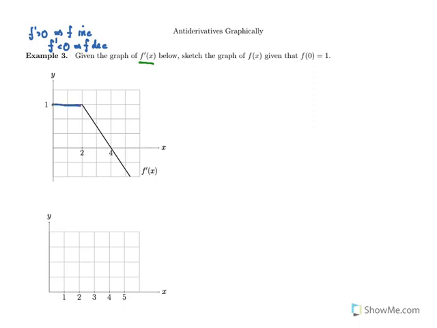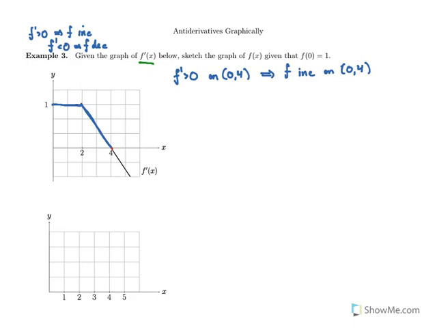And positive means that we are above the x-axis. So this derivative is positive on the interval 0 to 4. It is above the x-axis from 0 to 4. So that means that f is increasing on the interval 0 to 4.